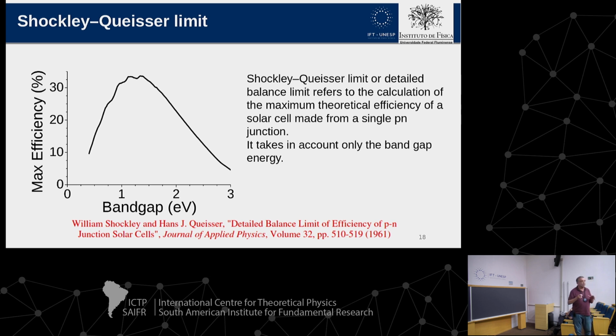But here they only take into account the band gap. And what you can say is that you need band gaps in the order of 1 to 1.5 eV if you want to have good efficiency.